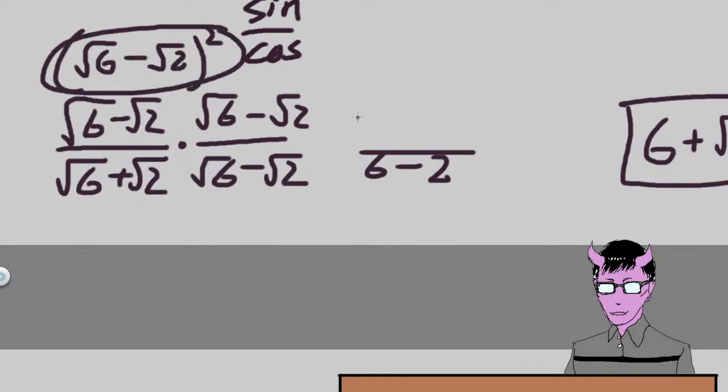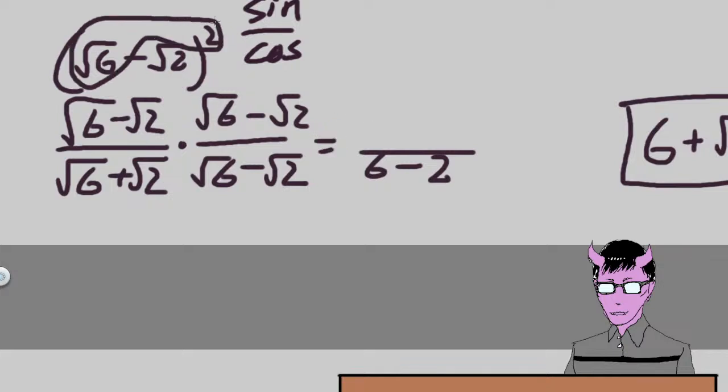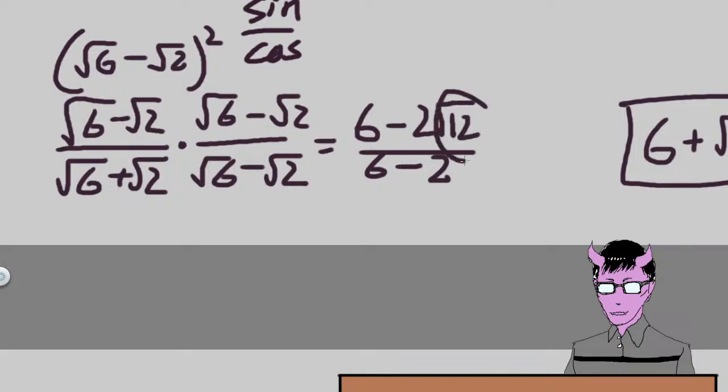So we can follow our favorite algorithm if you wish. That one squared is just going to be 6, and then this one times that one times 2. So thus, minus 2 times root 12. And this one is simplifiable. Wonderful. And this one squared is just going to be positive 2.